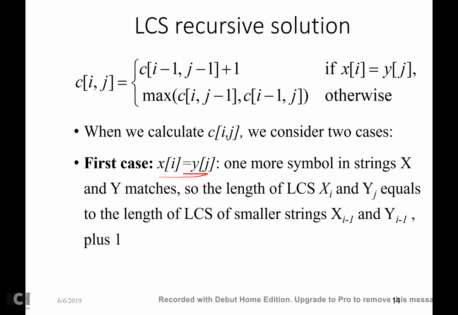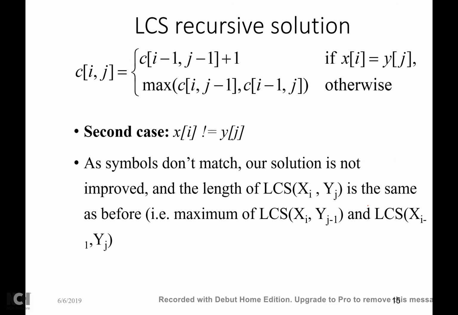So the length of the longest common subsequence of xi and yj equals the length of the longest common subsequence of the smaller strings xi minus 1 and yj minus 1, plus 1. And if it happens xi is not equal to yj, or the symbols do not match, our solution is not improved, and the length of LCS of xi and yj is the same as before.